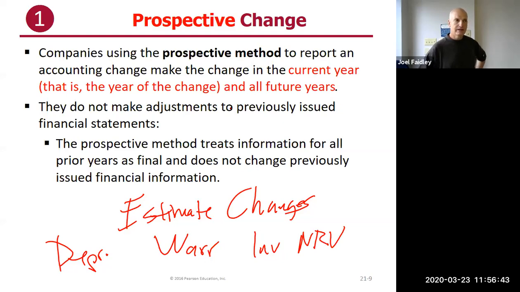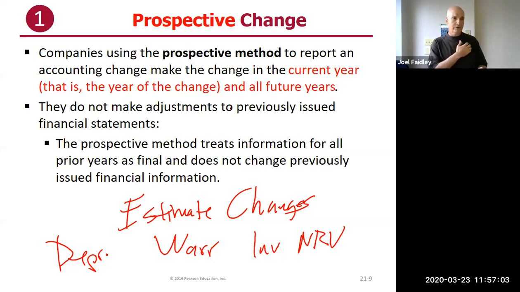All of those. If you had a good estimation based on empirical evidence for those allowances, if those percentages are off, if you need to change your warranty from 2% to 3%, which sounds like a big deal, you're not going to go back and make prior period adjustments to retained earnings unless it was an error.